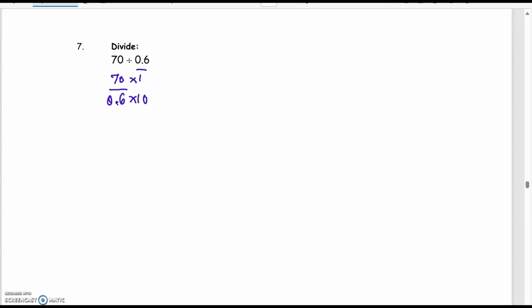Whatever we do to the new denominator, we have to do the exact same thing to the numerator. So that would be 700 divided by 6. Because the 0, there's only 1 in 10, and it'll shift the decimal point one place value to the right.